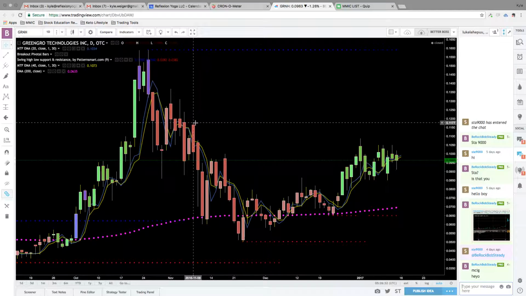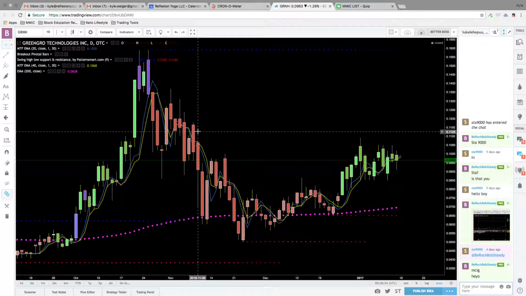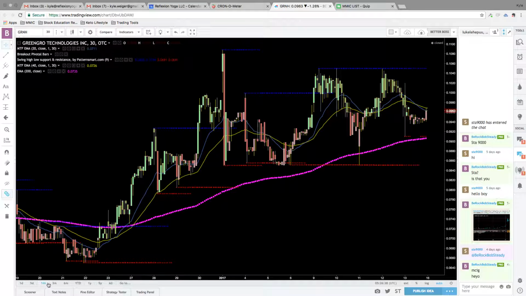So what I'll do is I'll go back to Green Grow, and I will start to look at the last month. Now, one thing it does in TradingView when I grab the 1 month, you always want to look at up here, this number 30, it's given me every 30 minutes. I might want to go every 60 minutes.